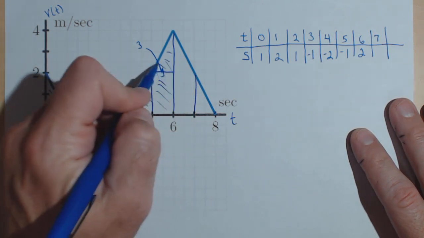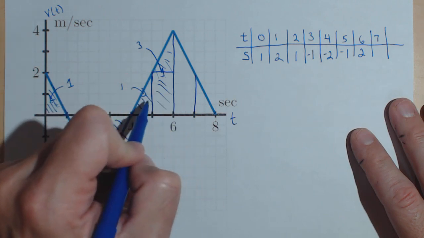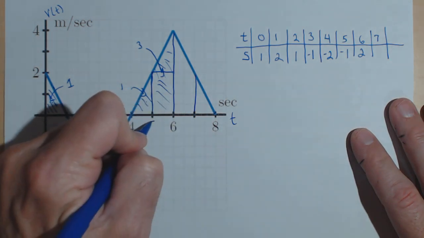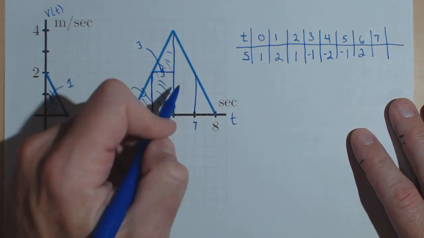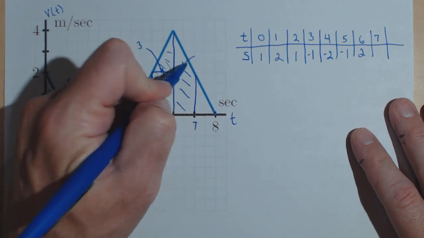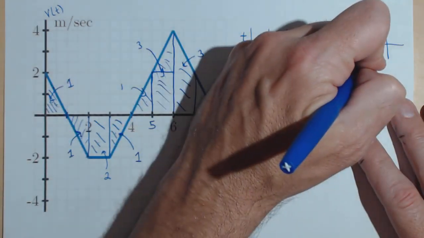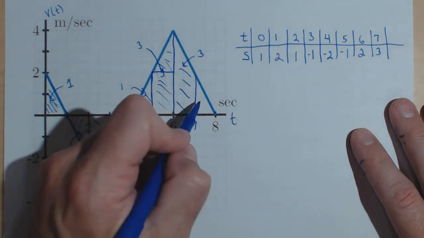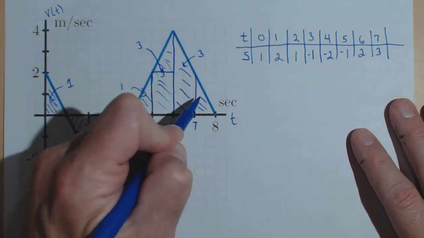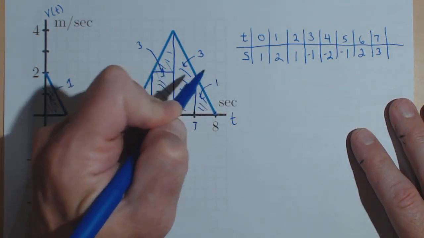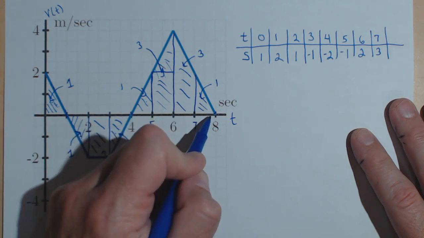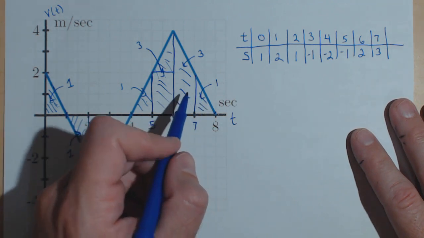Here we can see we're going to get a triangle of the same area as what we just saw between 5 and 6. We can fill in these numbers. So again, this is going to be another 3 meters this person is moving forward.